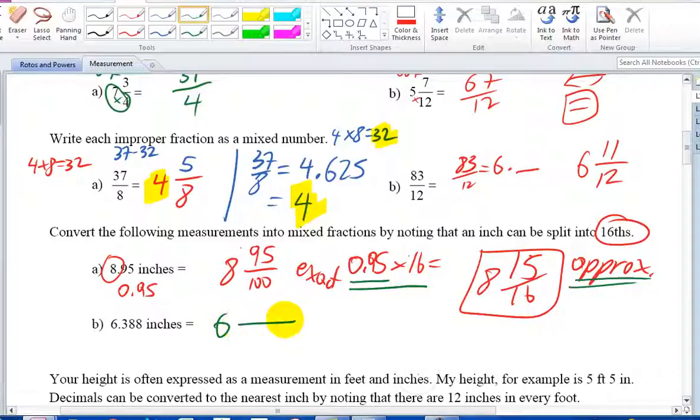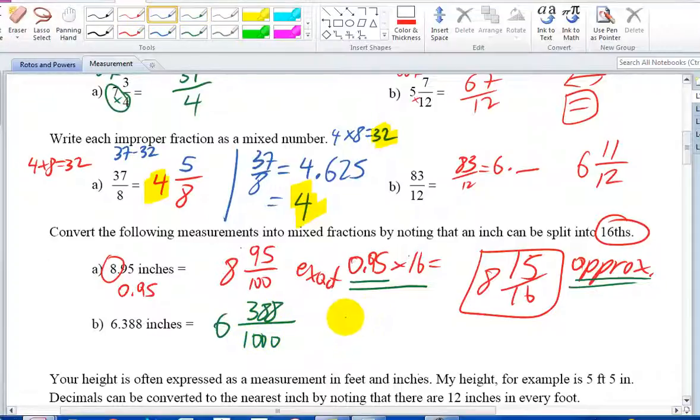So we can have 6.388. What goes underneath 388? Not tens, not hundreds, but thousands. Okay.